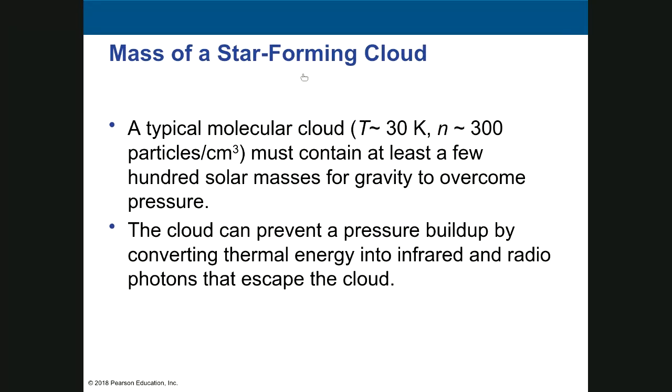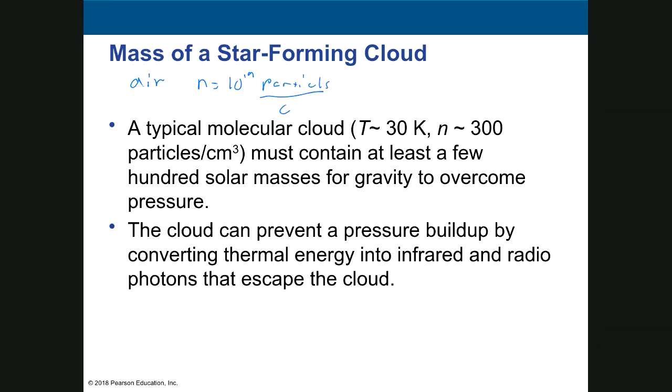So the N here, this is 300 particles in these dust clouds per cubic centimeter. The air you're breathing, for air, N equals about 10 to the 19th particles per cubic centimeter.